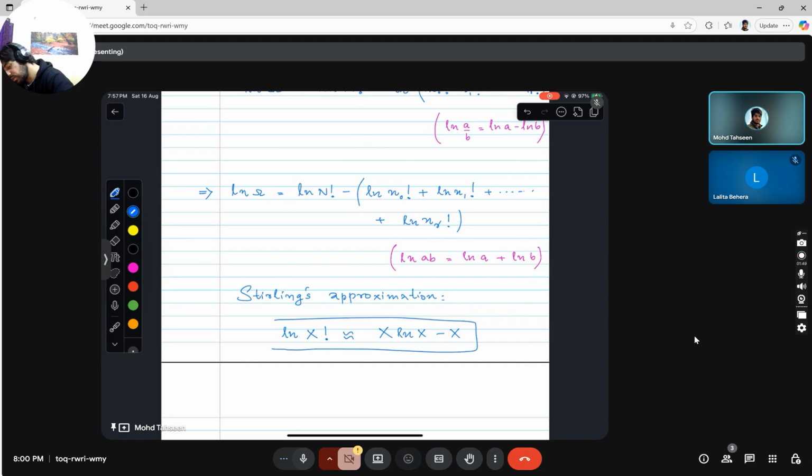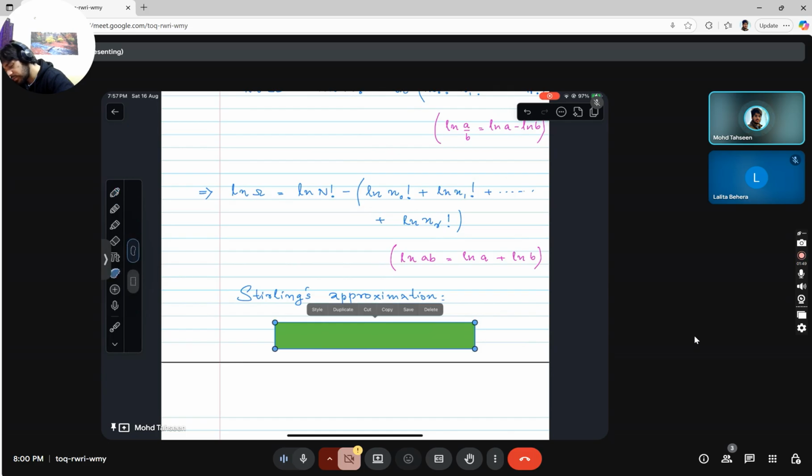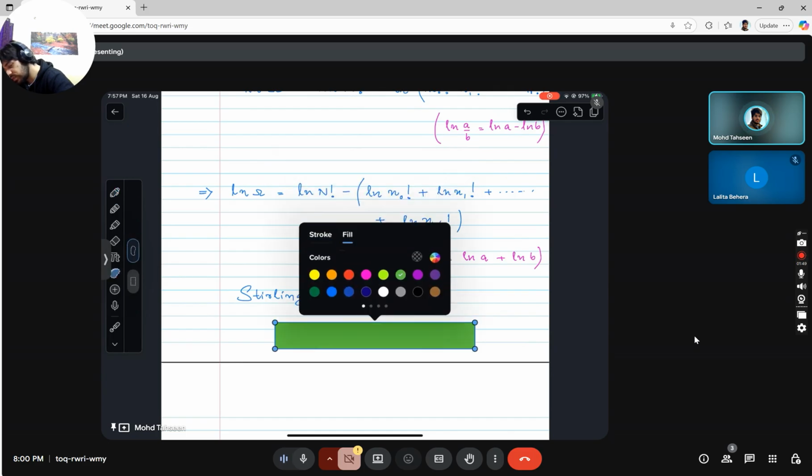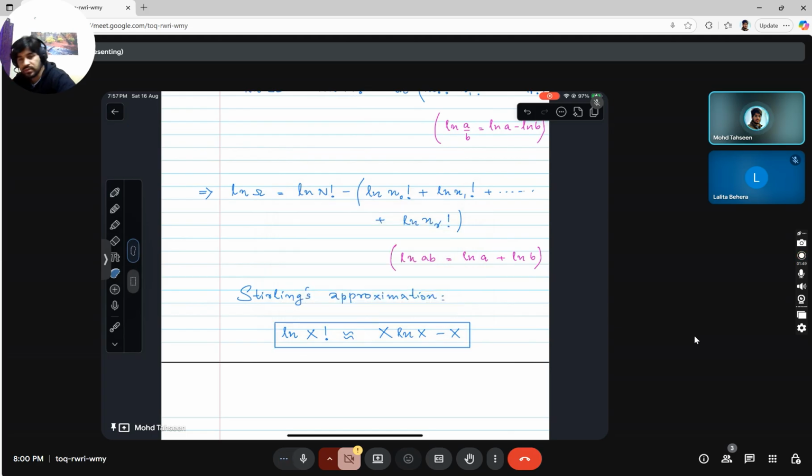This is a very good approximation. It works very well even for small values of x, let's say if x is 5 or 8 or 10. In our case, we know that n is going to be pretty large, so we can replace this approximation symbol by equal to, because the difference is very minute and negligible.